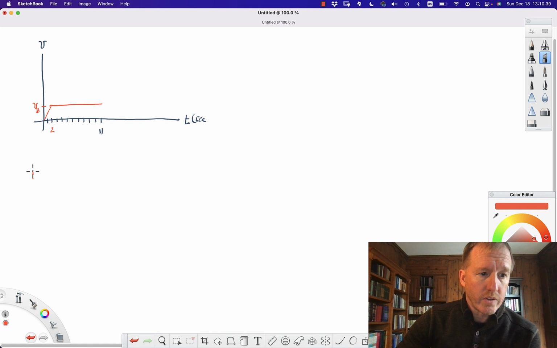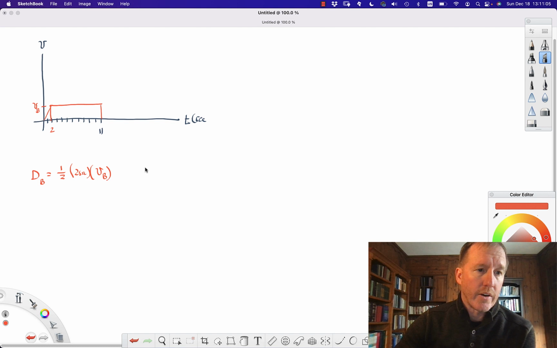So let's use this. The distance that Bill travels is going to be the area under this graph right there. So the area of this rectangle plus the area of the triangle. The area of the triangle is the distance that he travels while he's accelerating. It's 1/2 of the base of the triangle, which is 2 seconds, times the height of the triangle, which would be whatever Bill's velocity is.